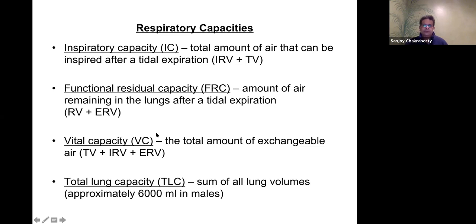So they use FVC, forced vital capacity, or FEV1, forced expiratory volume 1. The 1 means the first second. Normal people will breathe out 80% or more of the air in the first second.